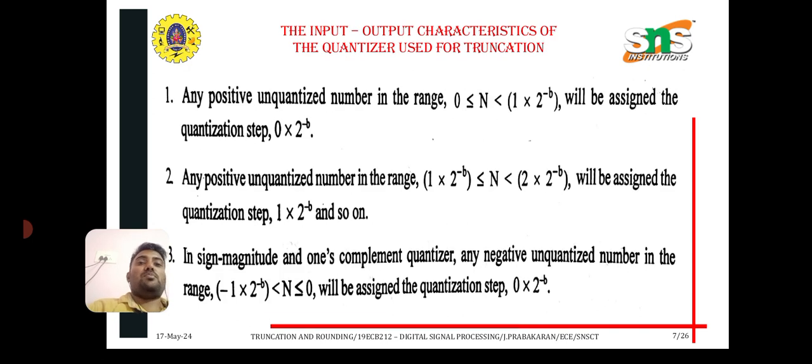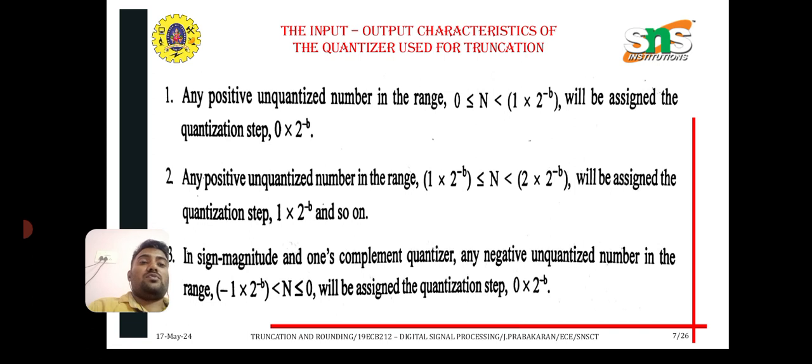This is the input-output characteristic of the quantizer used for truncation. First, any positive unquantized number in the range of 0 to 1 times 2^-b will be assigned the quantization step 0 times 2^-b.